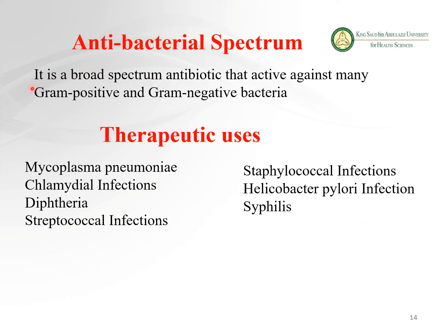Antibacterial spectrum: it's a broad spectrum antibiotic that is active against many gram-positive and gram-negative bacteria. Therapeutic uses: it can be used for different types of bacterial infections, which include mycoplasma pneumoniae, chlamydial infections, diphtheria, streptococcal infections.